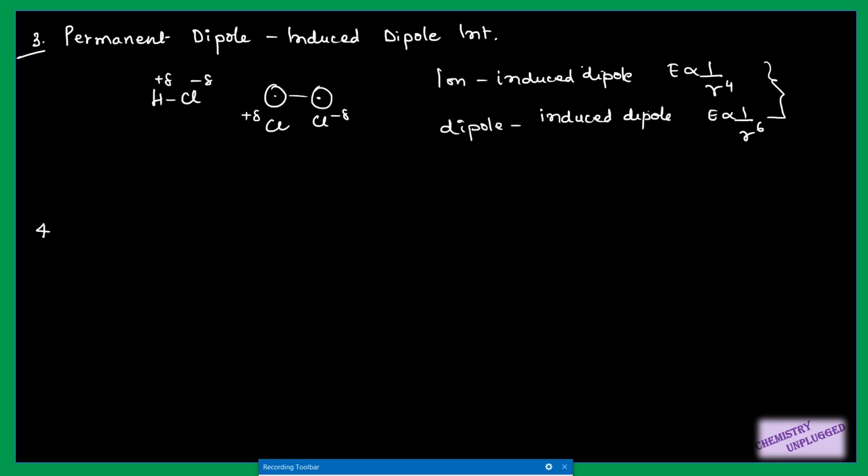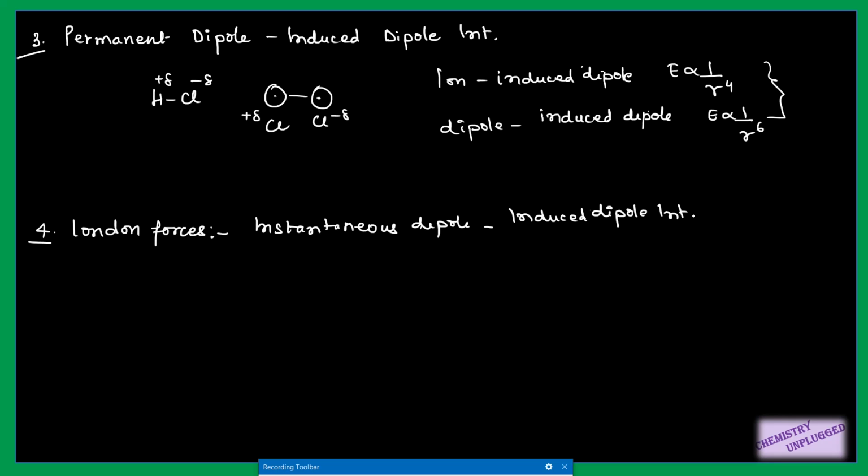The next type, the fourth one, is London forces, which is also called instantaneous dipole and induced dipole interaction. This is very interesting: in the starting the molecule is not dipolic in nature, right?